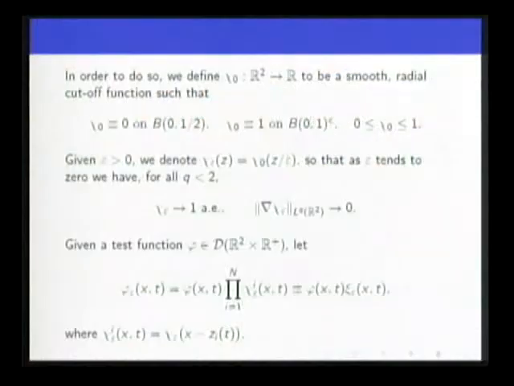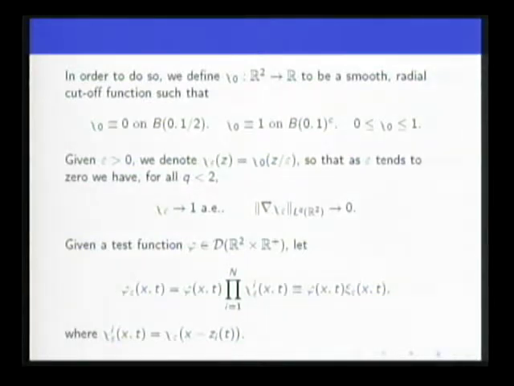What we do, we're going to introduce a cutoff function in order to neglect the point vortices where we have singularities. So in order to do this, we introduce this smooth radial cutoff function, which is identically 0 in a ball centered at the origin and radius half, and identically equal to 1 outside a unit ball centered at the origin.